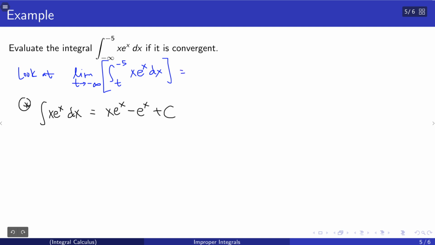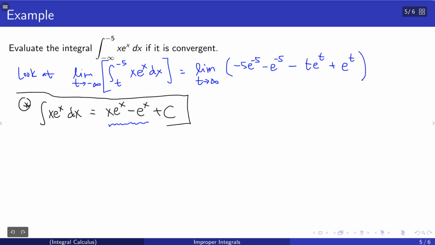So what this means for us is this is the limit as t goes to minus infinity of this function, but you plug in negative 5, and then minus what you get when you plug in t, right? So t e raised to t minus e raised to t. Okay, and I'll just box this off here. This is what we use to evaluate the integral. And now we've evaluated it.